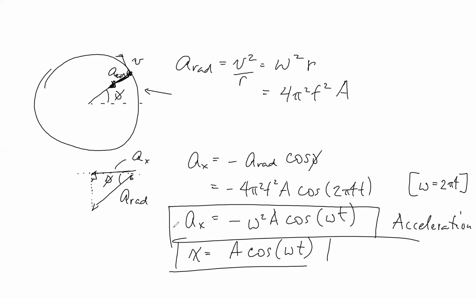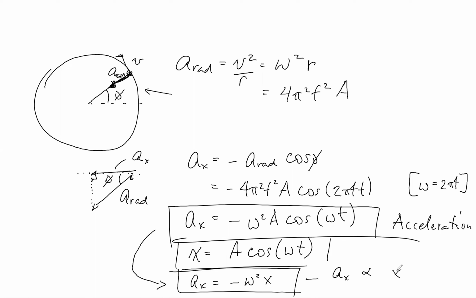I can rewrite a sub x as a sub x equals minus omega squared x, like that. What's awesome here is that the acceleration is proportional to x. So I would write a sub x is proportional to x, where alpha is my little symbol that means proportional to.